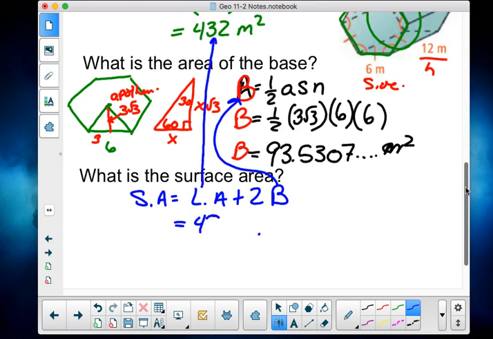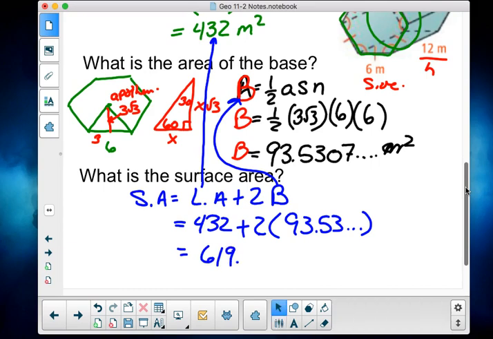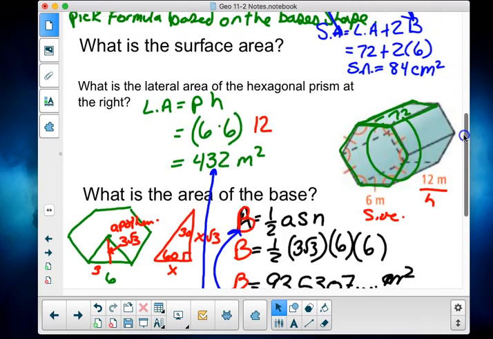So 432 plus 2 times 93.53 in my calculator. So I'm going to multiply that by 2 plus my 432. And I will receive 619.06, and then we've got to go and find out if they wanted me to round it to anything.